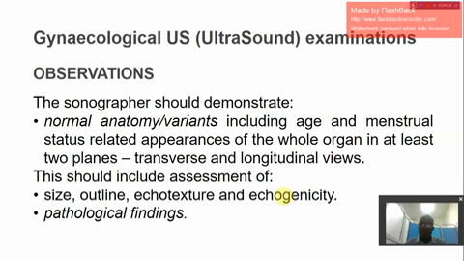Is it transverse or longitudinal views? So you can scan in a transverse view or in a longitudinal view. This should include assessment of size, outline, echotexture, and echogenicity. Is it pathological?